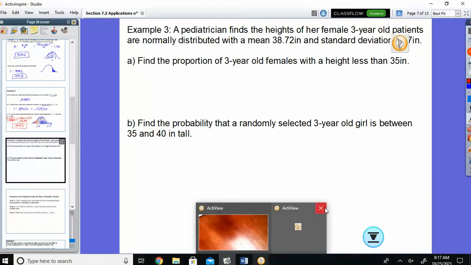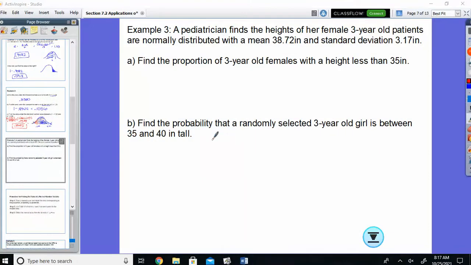Let's look at this example. So a pediatrician finds the heights of her female 3-year-old patients are normally distributed with a mean of 38.72 inches and a standard deviation of 3.17 inches.